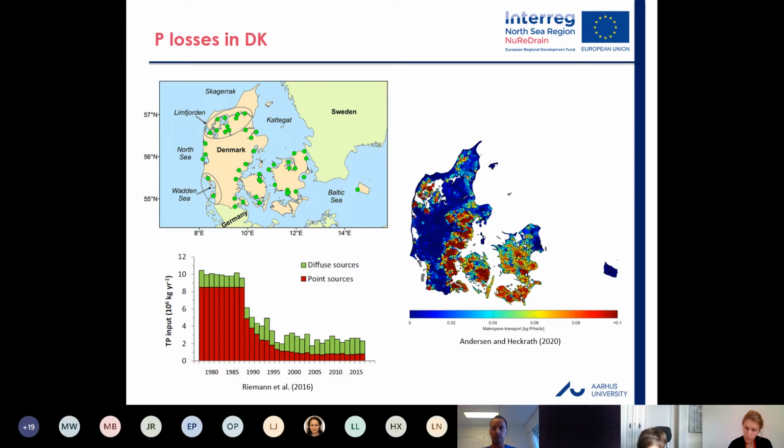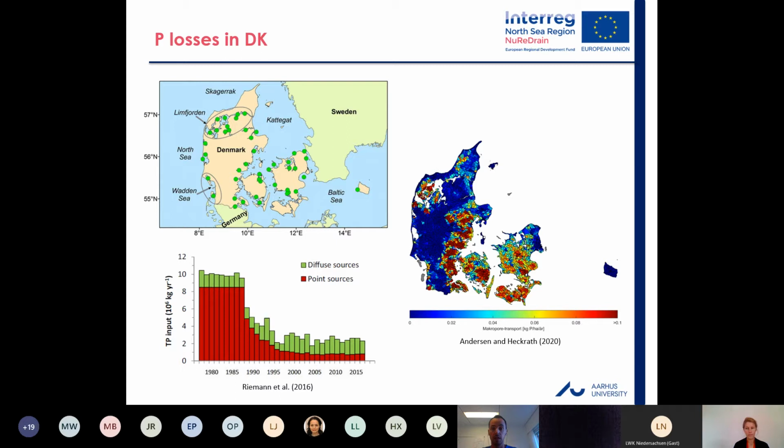Before doing this, I would like to give you an idea of the problem scale. So the figure and the graph to the left of the slide show the results from a research study on Danish estuaries and coastal waters. All these areas were markedly affected by eutrophication during the 20th century.